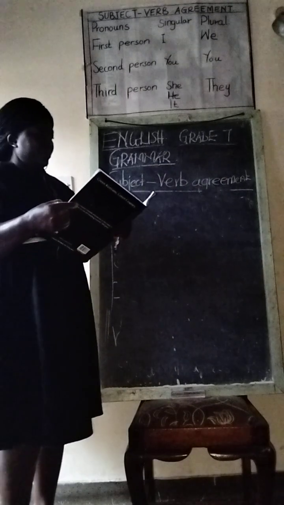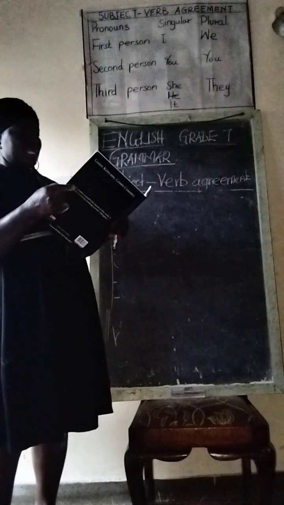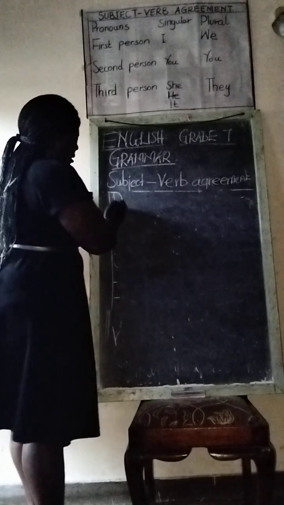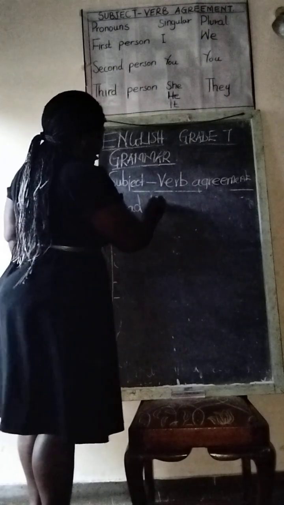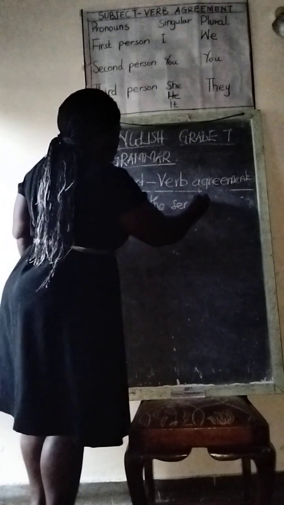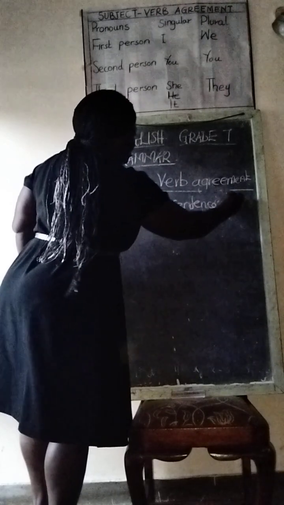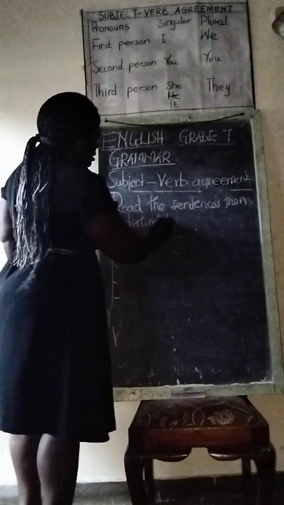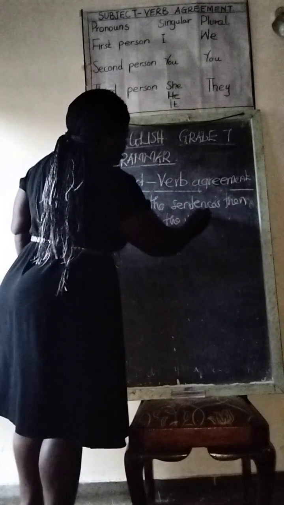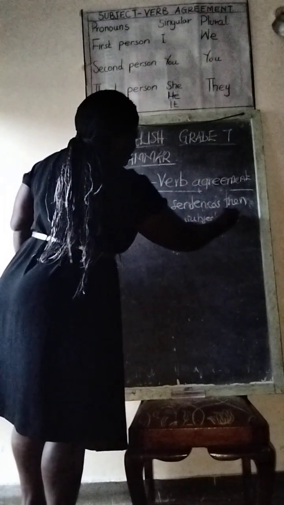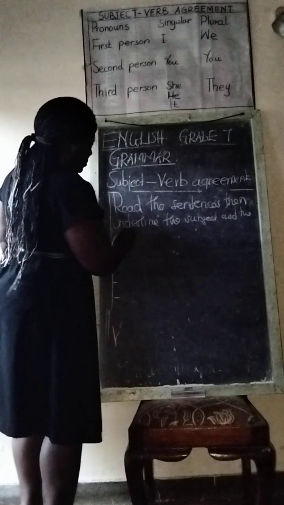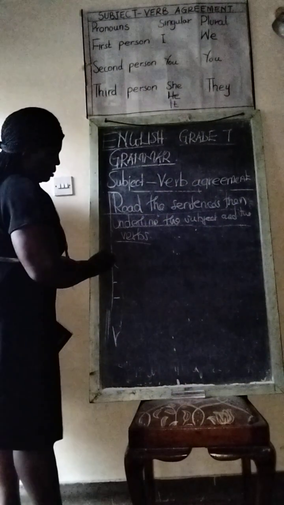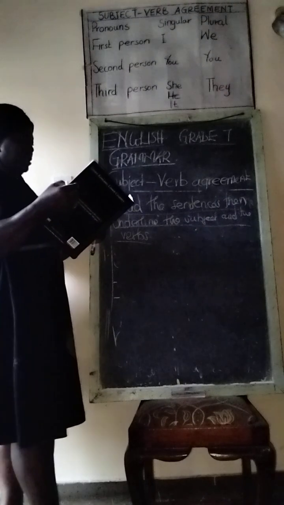Read the sentences, then underline the subjects and the verbs. This is instruction number 1.